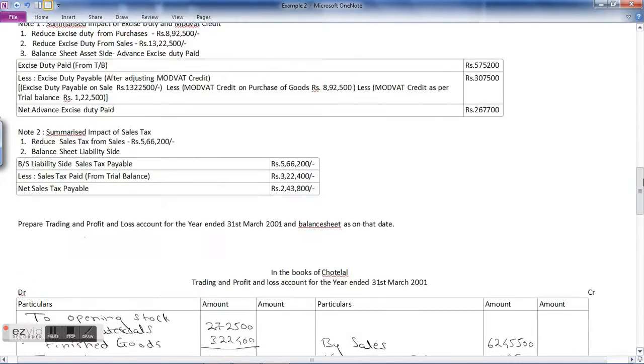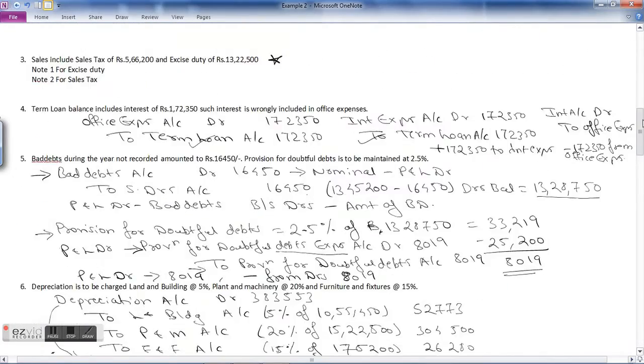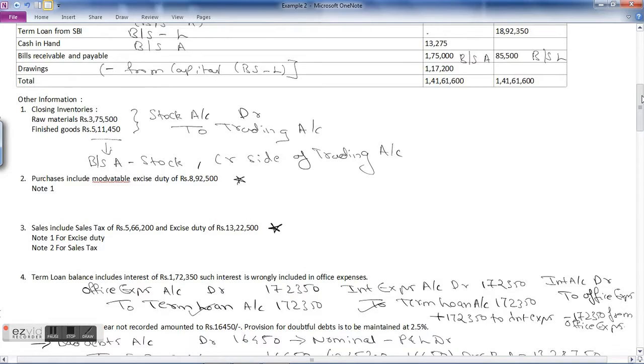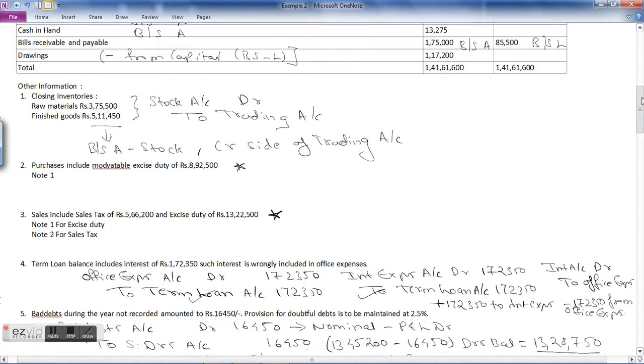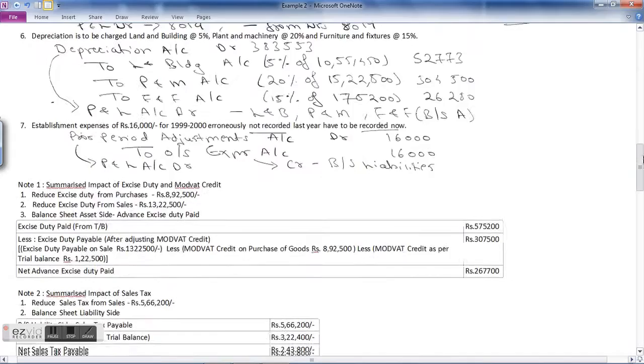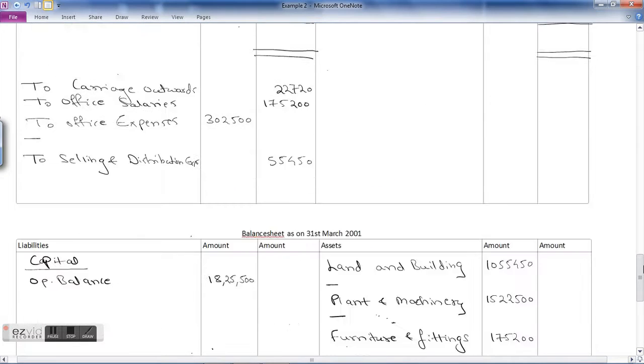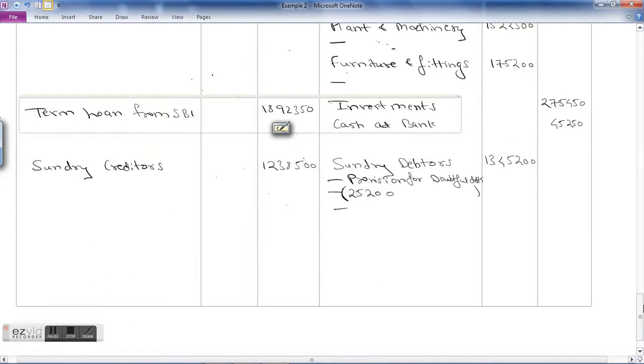Then the next transaction, cash in hand 13,275. So cash in hand, balance sheet asset side, cash in hand 13,275.